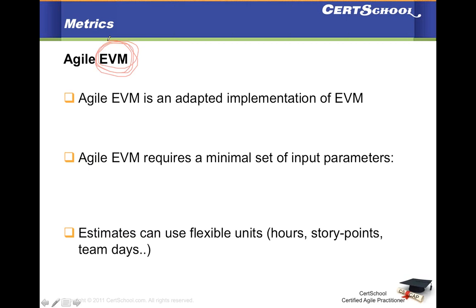So we don't need a full-fledged adaptation of EVM. In Agile, EVM is a shorter adaptation of the actual EVM. It works off of a minimal set of input parameters. We'll see which ones those are. There are 3 parameters that are most essential.